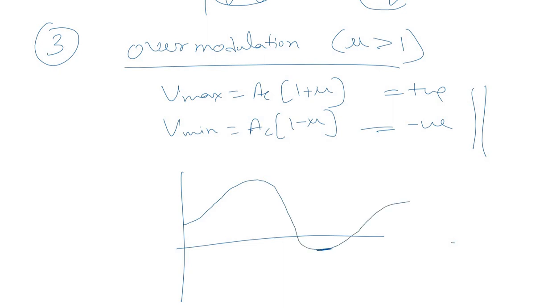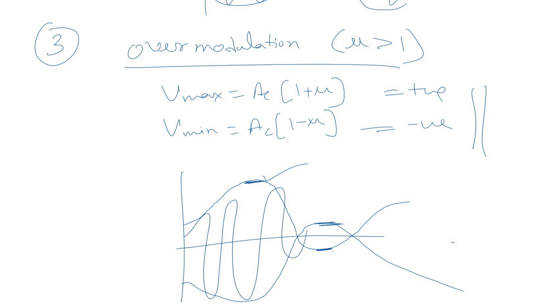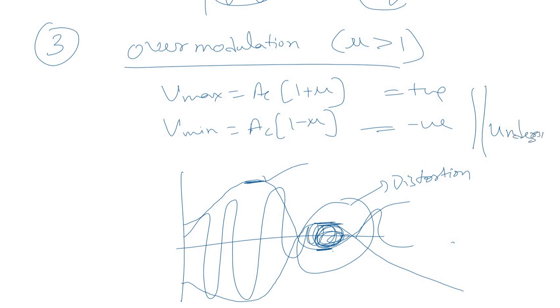Similarly, for the negative envelope, Vmax will be positive and Vmin will be negative. There will be distortion in this region, and the modulated signal will be distorted. This is the reason it is an undesired scenario.